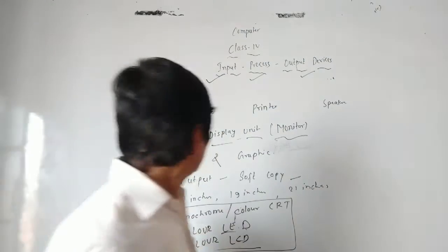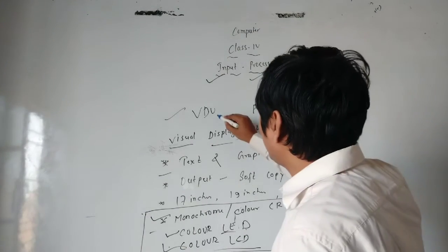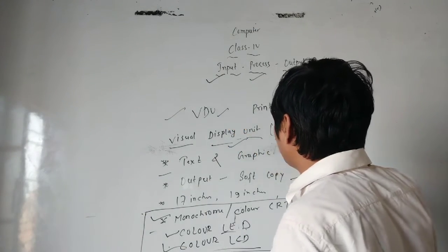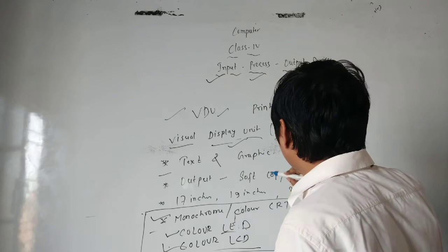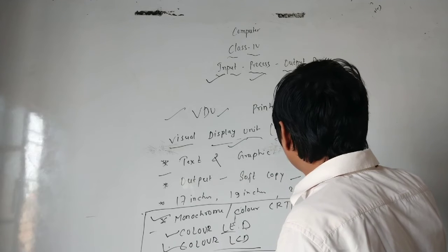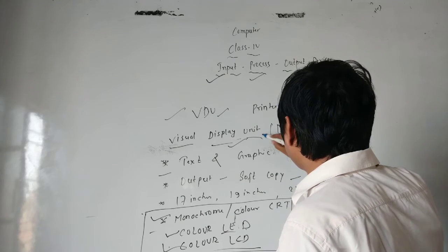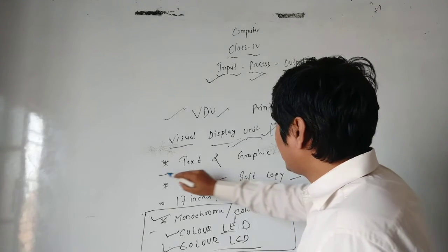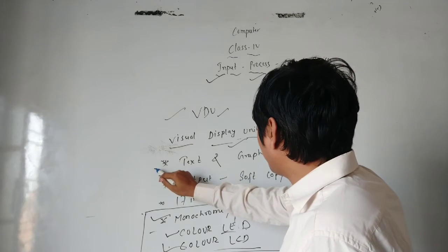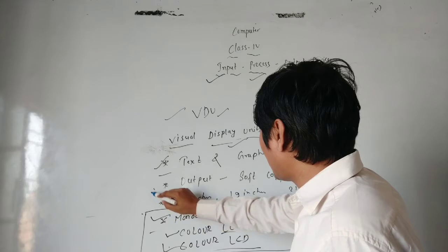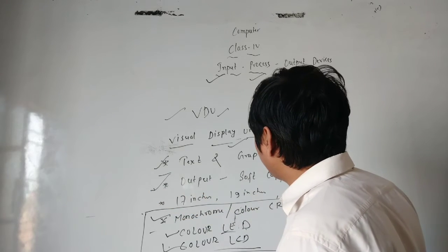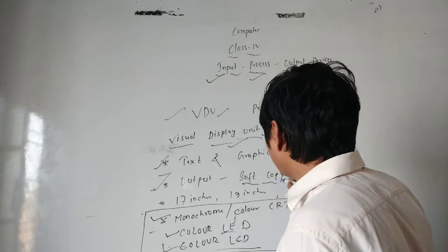So VDU stands for visual display unit. It is similar to TV and we call it a monitor. It displays all types of text and graphics. The output which we get from VDU is called soft copy.